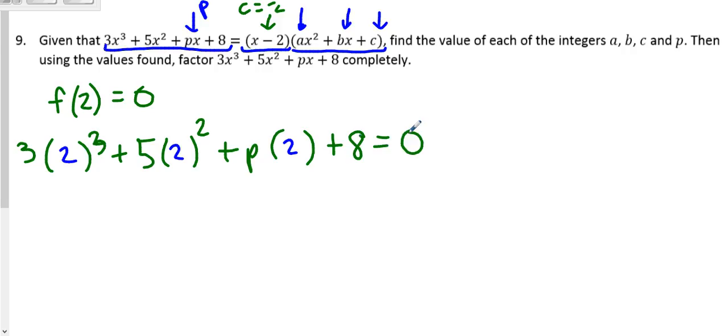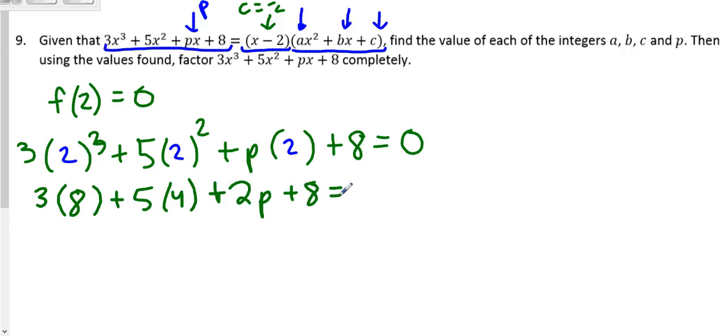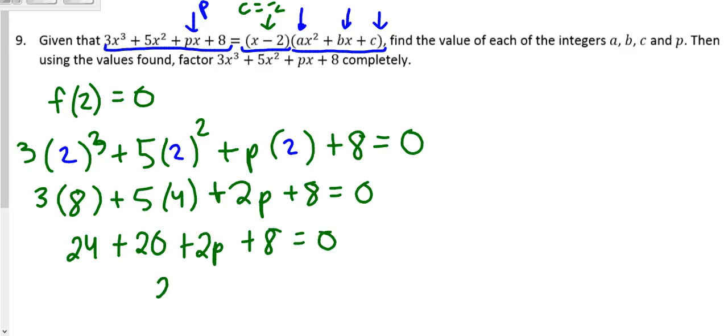So we need to evaluate all these numbers and try and solve for p if we can. 2 cubed is 8, so we have 3 times 8, plus 5 times 4, plus 2p, plus 8, equals 0 still. So let's finish multiplying, then combine these numbers. So we have 24 plus 20 plus 2p plus 8 equals 0. So this is 2p plus 52 equals 0.